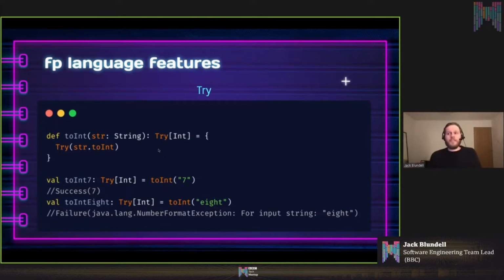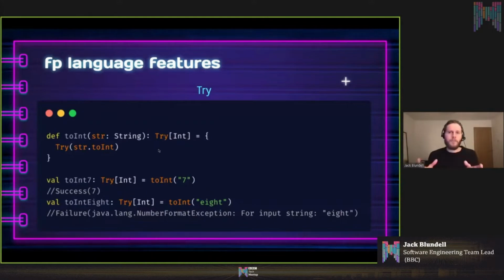That will give us either, if it's successful, in other words if there's no exception thrown, a successful Try with an integer inside it. If it does throw an exception, we'll get a failed Try with our exception inside. The key is that there isn't an exception thrown that's just going to completely bomb out of our code.